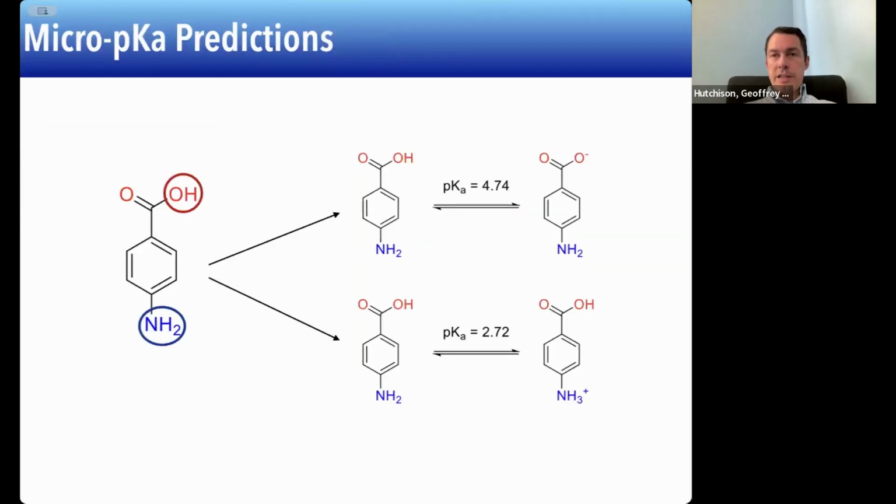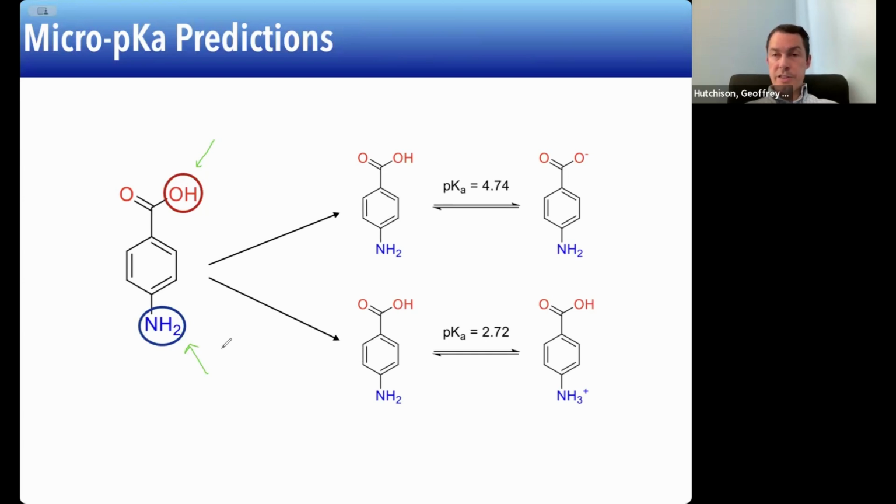And we particularly wanted to center on what's called micro pKa predictions. So in micro pKa, you want to predict not just the overall pKa of the molecule, but what the pKa of particular sites might be, right? So for example, the deprotonation of this acidic proton or the protonation of a basic amine, right?